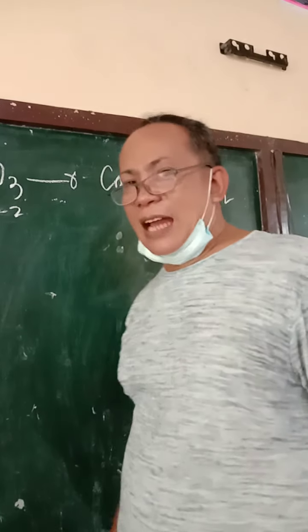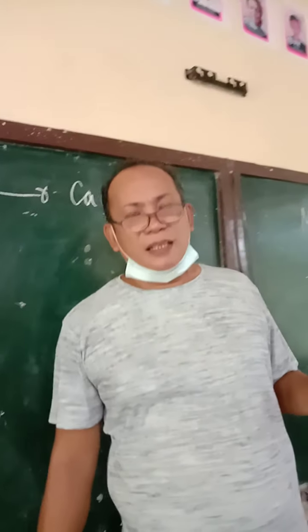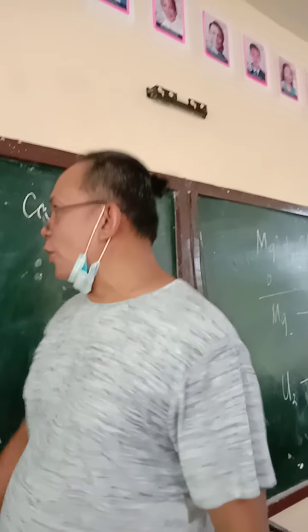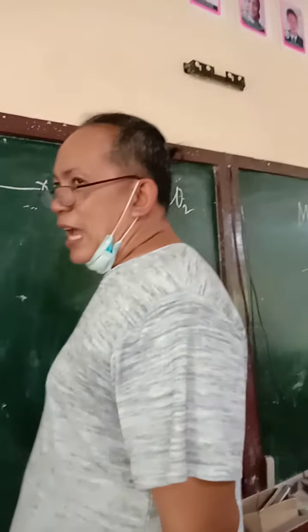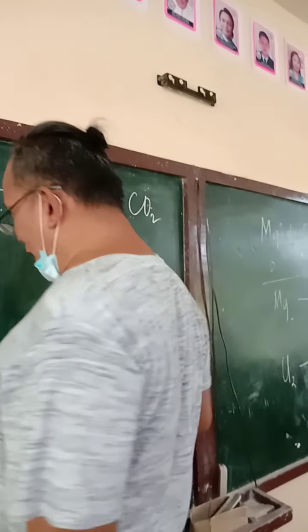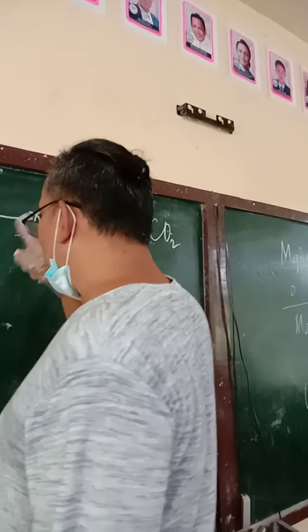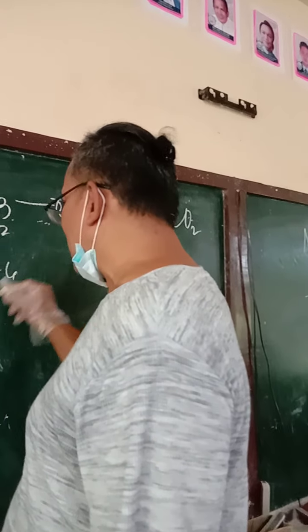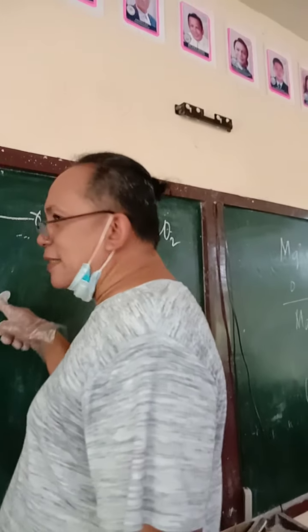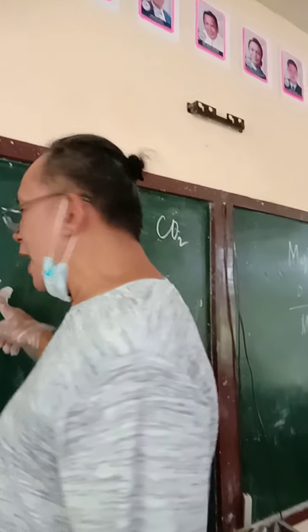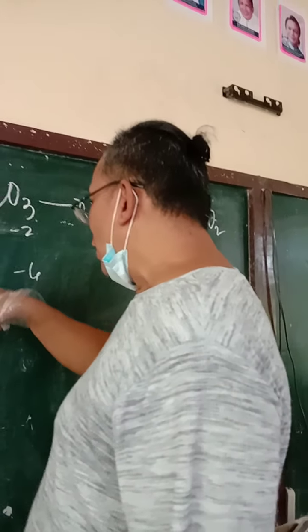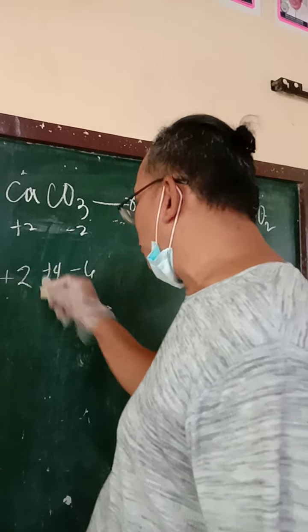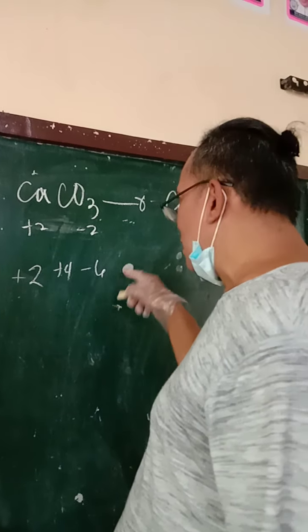Carbon has two possible oxidation numbers, either +4 or -4. We consider +4. Why? Because -2 times 3 is -6, and +2 plus +4 is 6, minus 6 is 0.